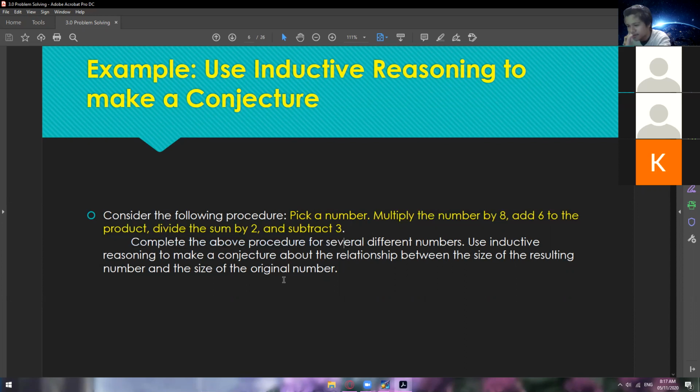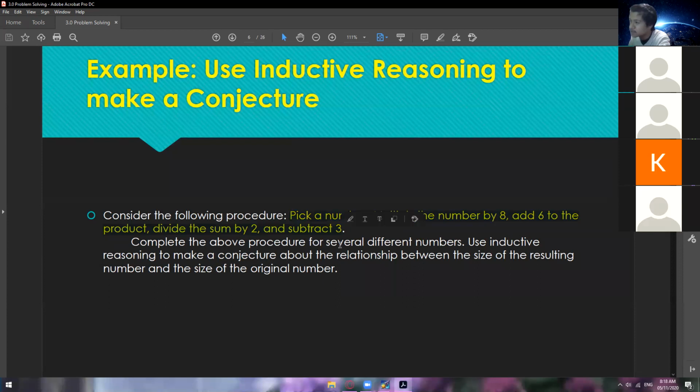After getting the final answer, you must make your final conclusion, like, I realized that the original number is times 5 of the result, something like that, or the original number is just the same as the result. Anyway, we'll see what our conjecture will be after doing those 5 procedures.